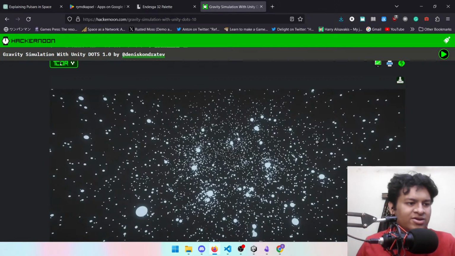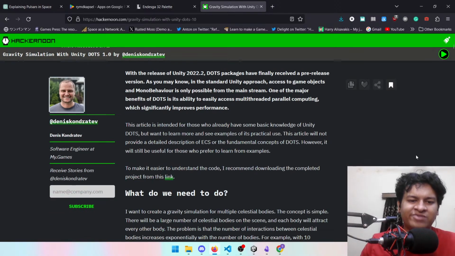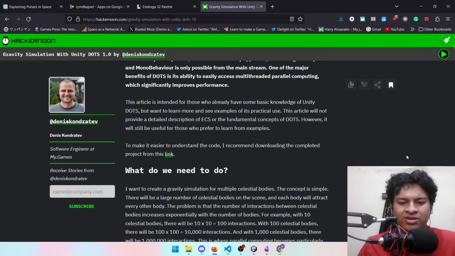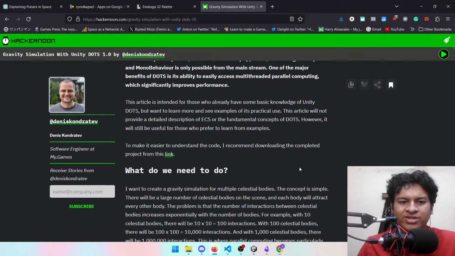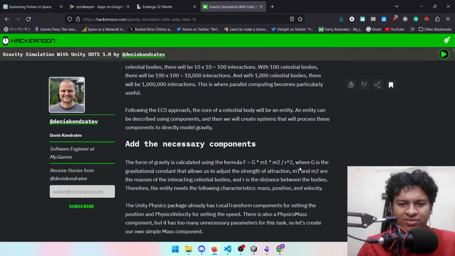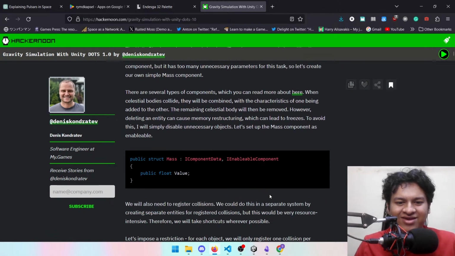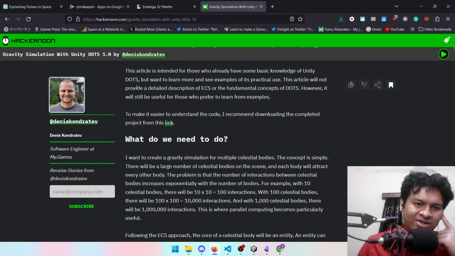What system is the article using? It's using Unity's DOTS, which basically uses a completely different programming paradigm. Instead of the normal component-based MonoBehaviour thing, it uses ECS, the Entity Component System. DOTS is the Data-Oriented Technology Stack.